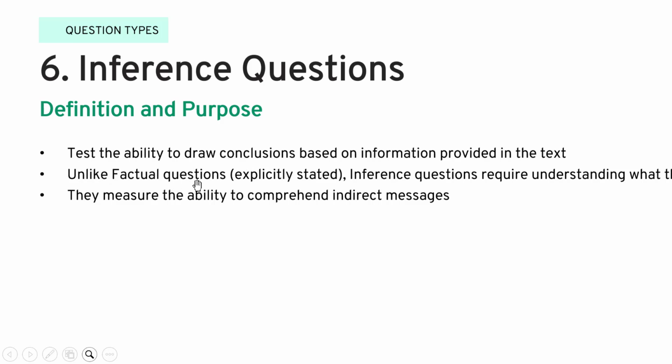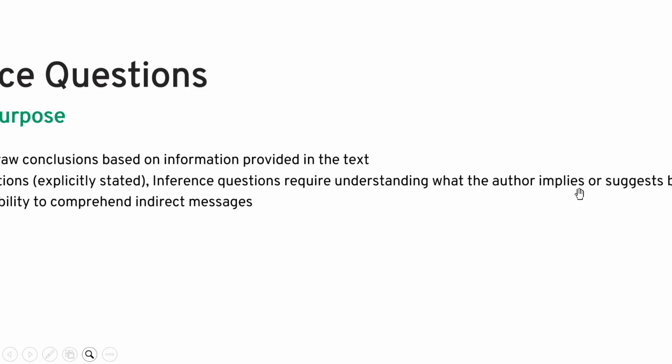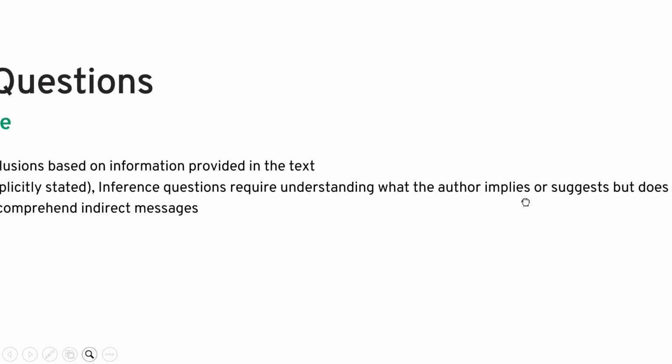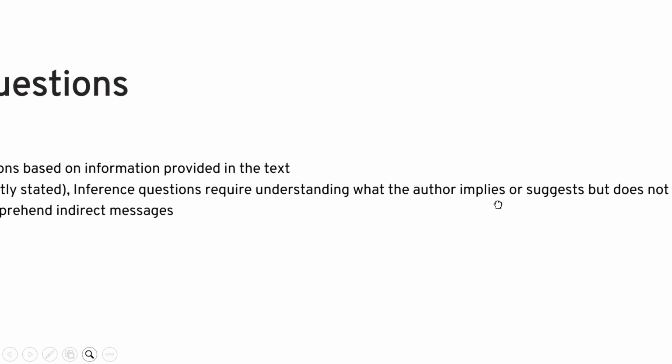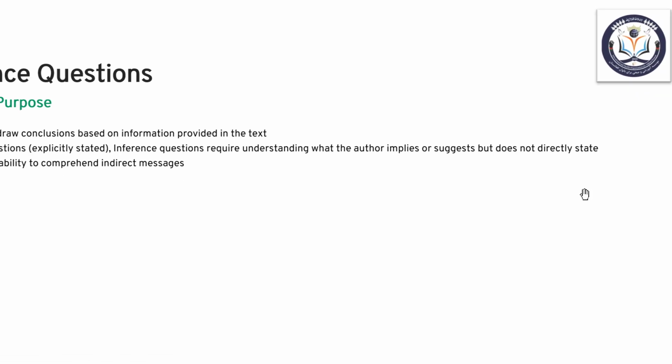Unlike factual questions, which are explicitly stated, where we can directly find the answer, the inference questions require understanding what the author implies. Implies simply means tells indirectly or suggests but does not directly state. That's what the inference question tests.